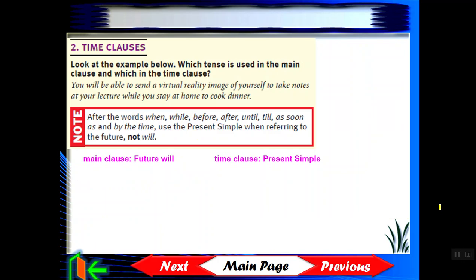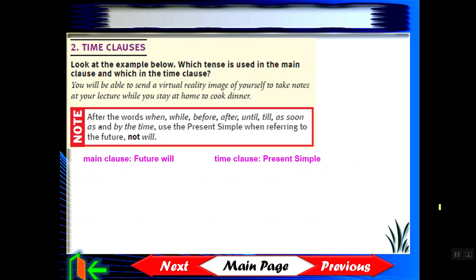Okay, let's go now to the next, time clauses. We have in time clauses exercise number 2, look at the example below, which tense is used in the main clause and which in the time clause. So we have words, you're going to use main clause and time clause. In the time clause, we use words with the time clause sentence.